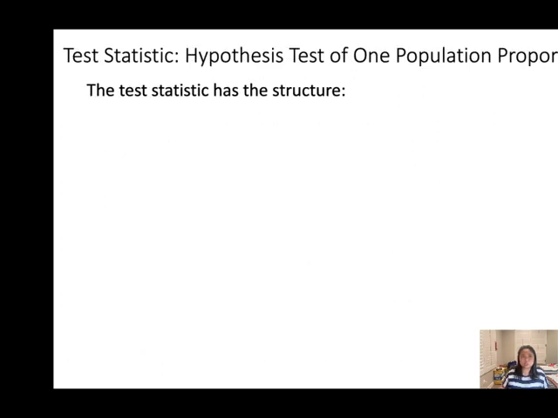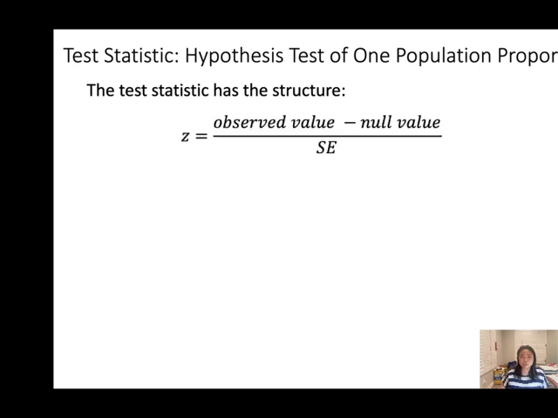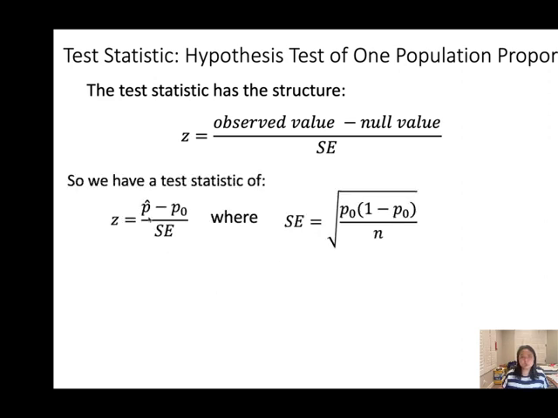Now we're going to talk about the test statistic. The test statistic has a structure: we use the observed value minus the null value, and then divide by the standard error. This is the formula for the test statistic for the proportion.